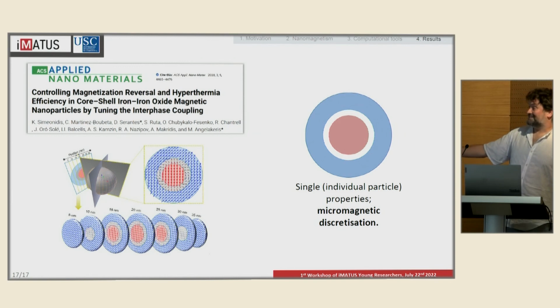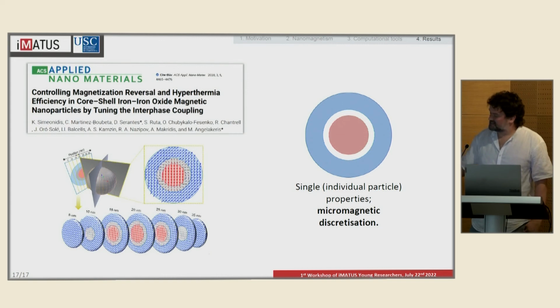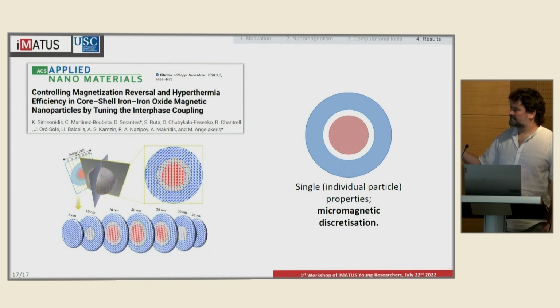And this is just to show that I can deal with very specific samples, but I am limited to sizes of about 25, 30 nanometers and above. In those cases, I can do, for example, core shell structures or with voids in the interface.